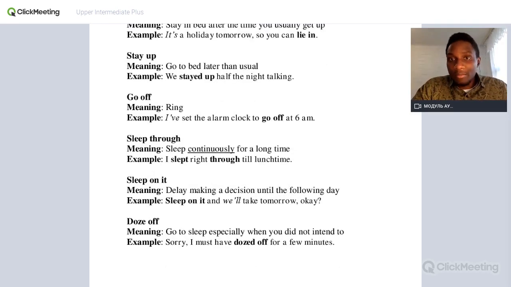And then you have doze off. Doze off means go to sleep, especially when you did not intend to. This can happen anywhere. It has happened to all of us at some point.